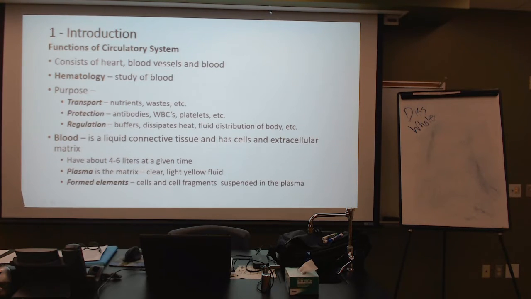The blood is going to have the ability to help regulate the pHs of the body. Dissipates heat. We get too hot, that blood makes its way to capillary beds, which are near the skin surface, and the heat gets to go, poof, but we sweat.